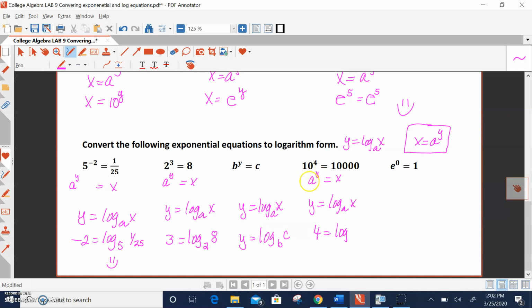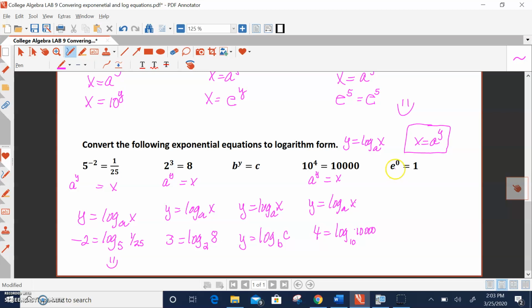The base is a, which is 10, but remember for log base 10, we don't write it, but I'm just going to write it in, but realize it's understood. And the x value that I need to put in this position is over here, which is 10,000. So there is 10 to the 4th equal 10,000 in logarithm form. 4 equal log base 10 of 10,000.